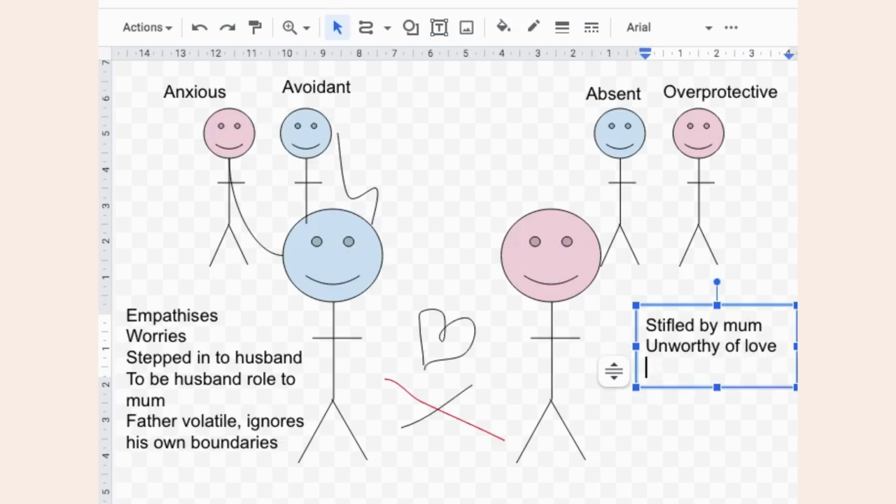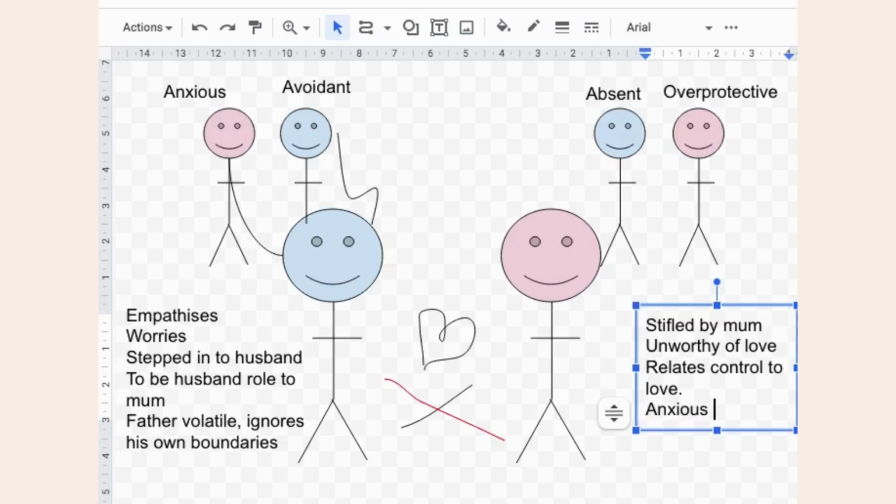She also, because of the way that mum has been overprotective, relates control to love. And she can get very anxious by any perceived abandonment, okay? Because that triggers in her the same feelings that she's had from her dad.